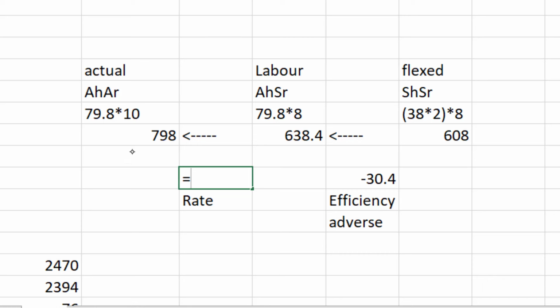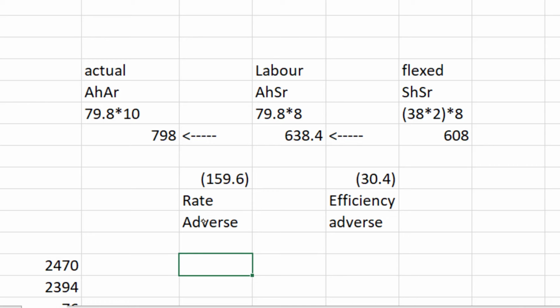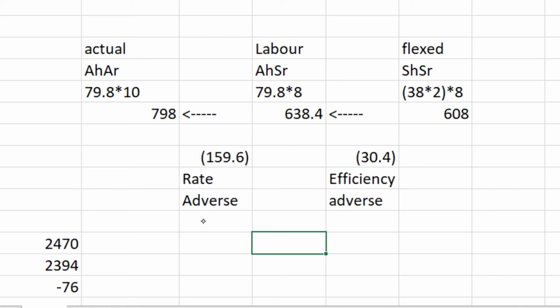That'll be equal to that one minus the 798 equals this one minus this one. And as we see, that one is also adverse. So we overspent on labor. That's one of the big culprits, isn't it?